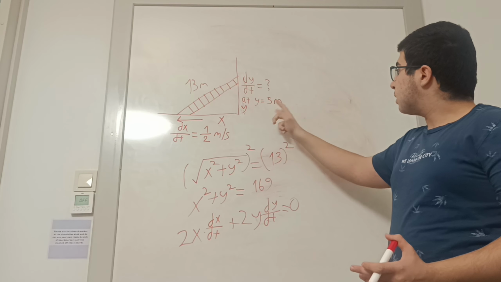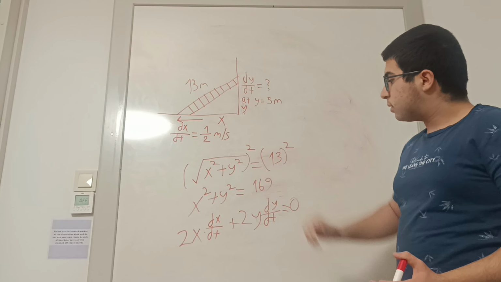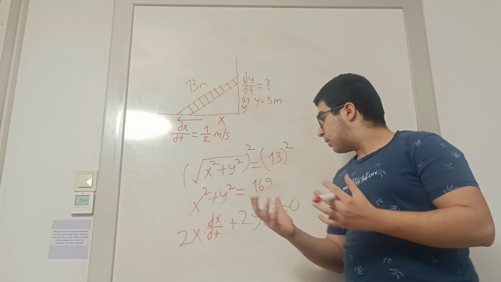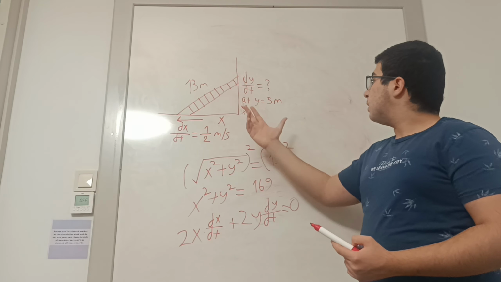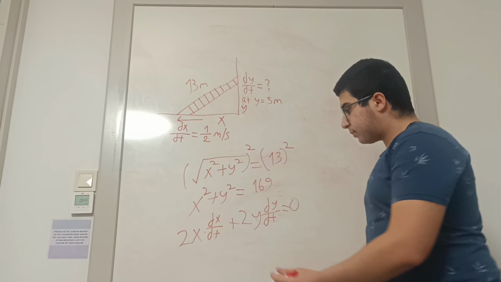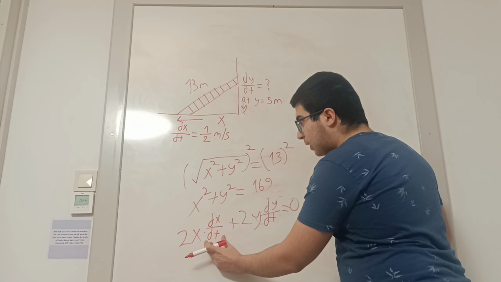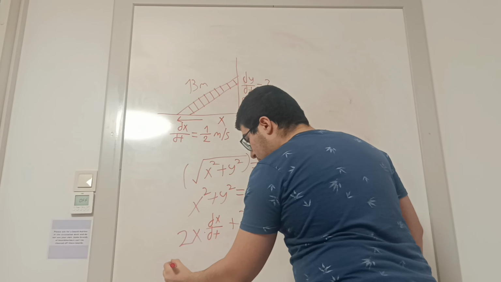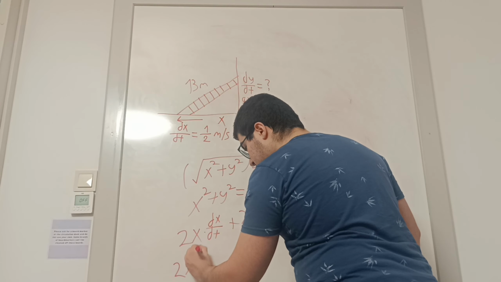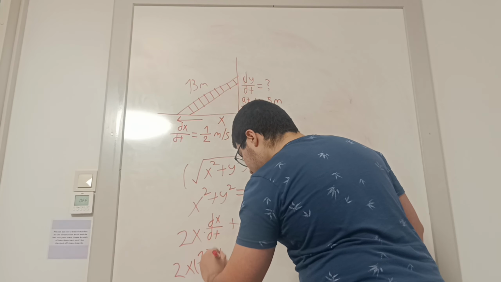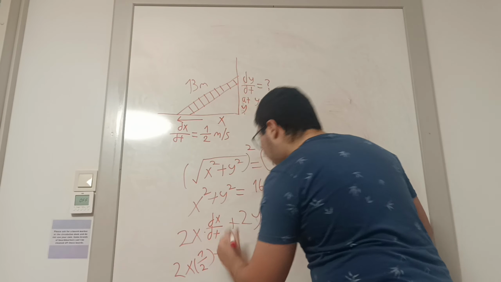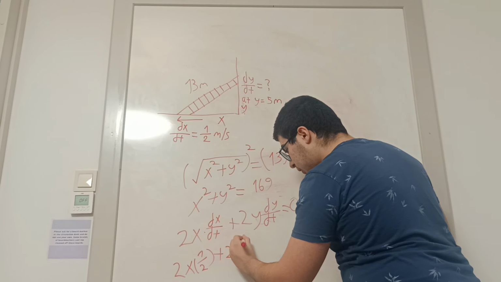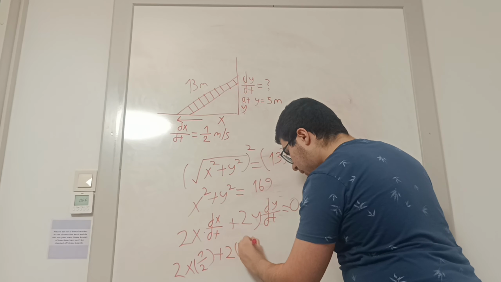I'm given an initial condition, y equals 5 meters. So I just need to plug this value into the differential equation to find this specific dy dt at y equals 5 meters. First of all, I have dx dt, which is always 1 over 2. So I can replace dx dt with 1 over 2, and I'm going to replace y with 5 meters for this initial condition, times dy dt.